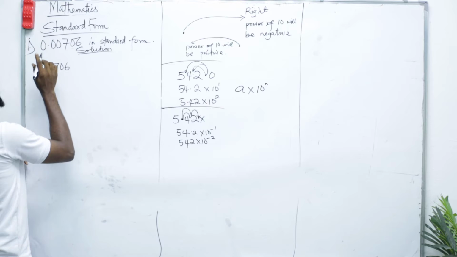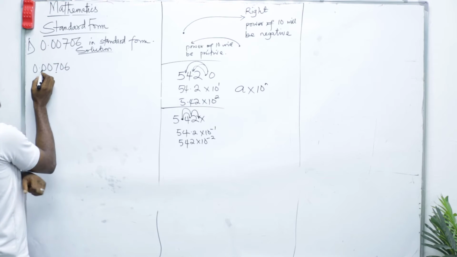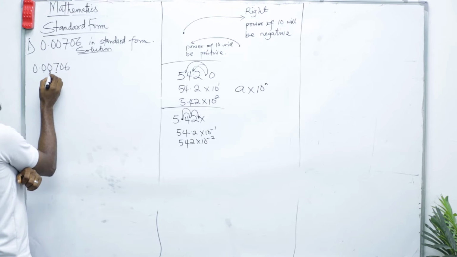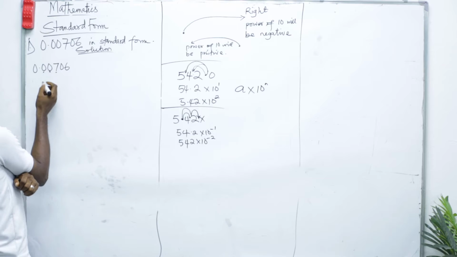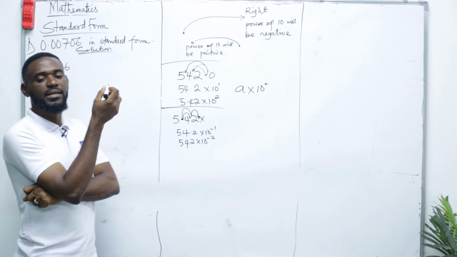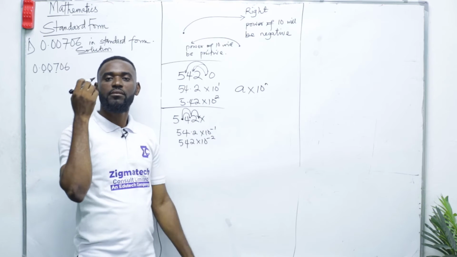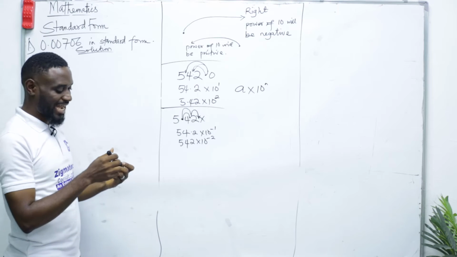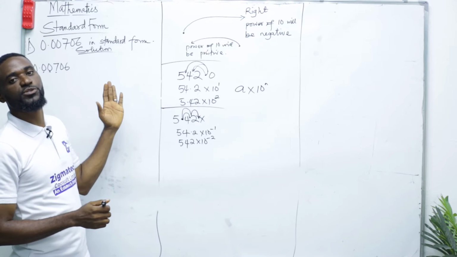So we are looking at this number because this 0 and this 0 are not significant here. We're looking at that number between 1 and 9 to use as the standard for expressing this number.